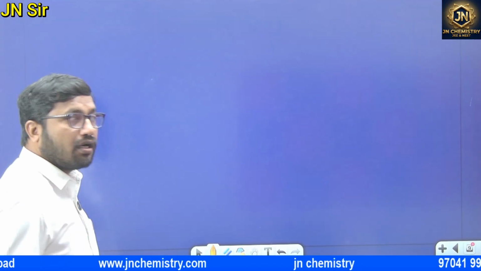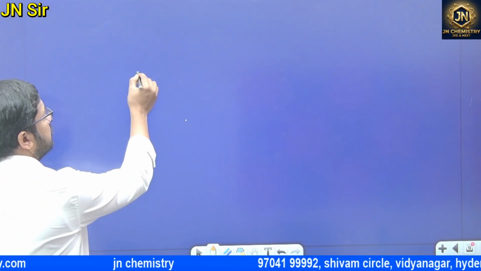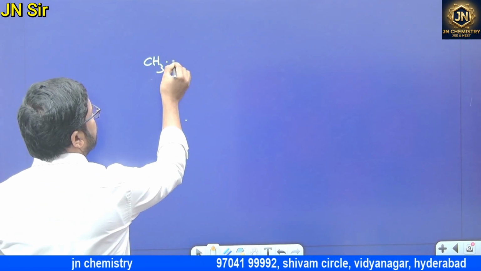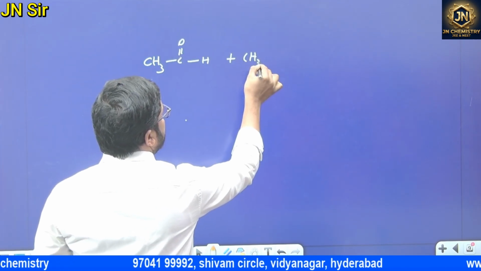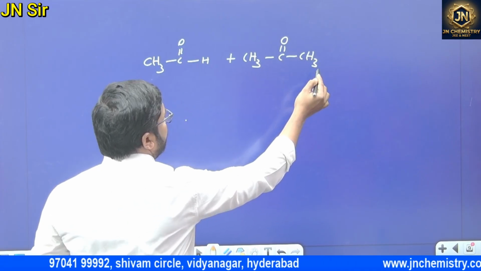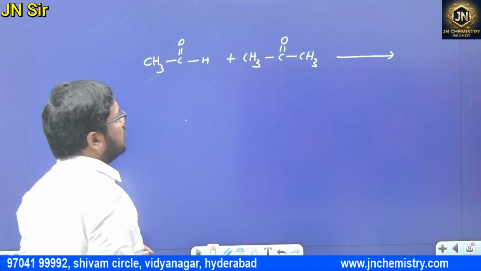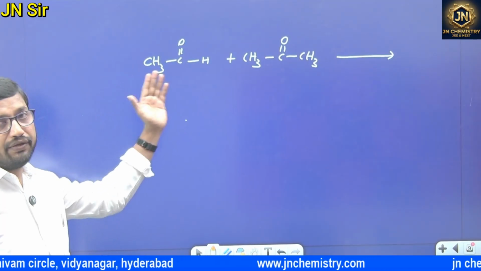Next, crossed aldol. For example, same mechanisms, but just try to understand the process. CH3, C double bond O, H, and CH3, C double bond O. So earlier we took 2 moles of one molecule, but here there are 2 different molecules.